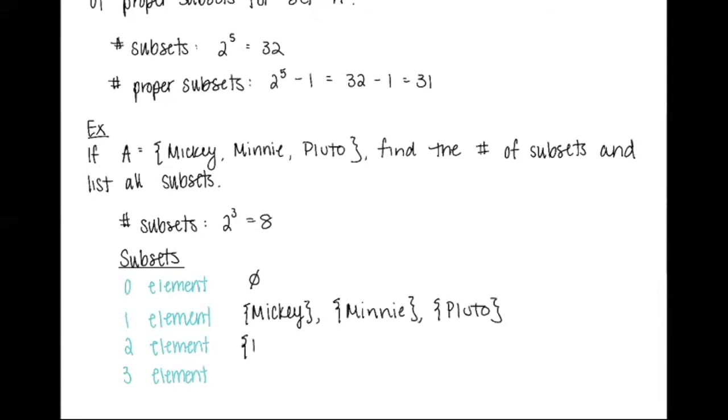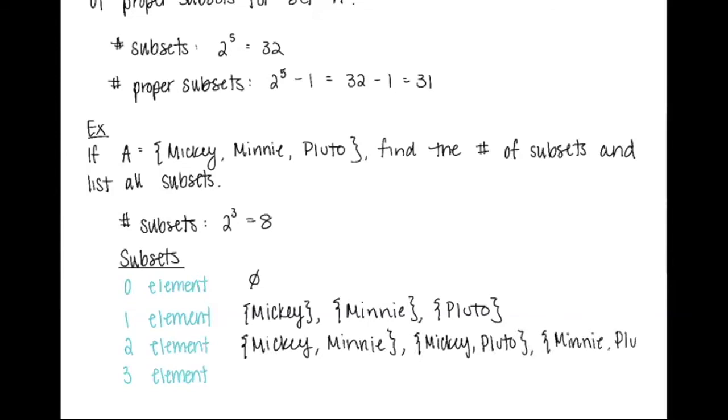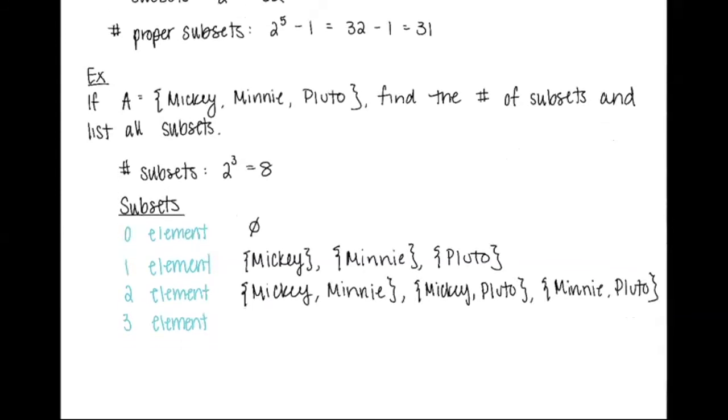My 2 element pairs 2 together. So Mickey and Minnie, Mickey and Pluto, and then Minnie and Pluto. So that pairs each one together. And then finally my 3 elements, Mickey, Minnie, and Pluto. So just the set itself.